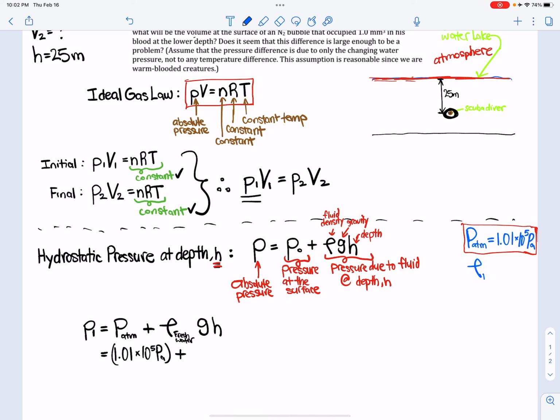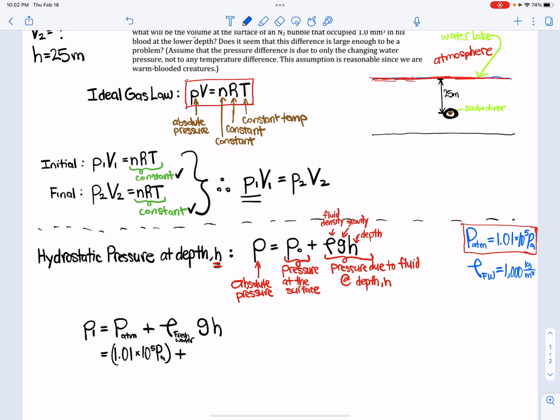So the density of fresh water is equal to 1,000 kilograms per cubic meter. Again, I found that on Google. So plus 1,000 kilograms per cubic meter, okay?